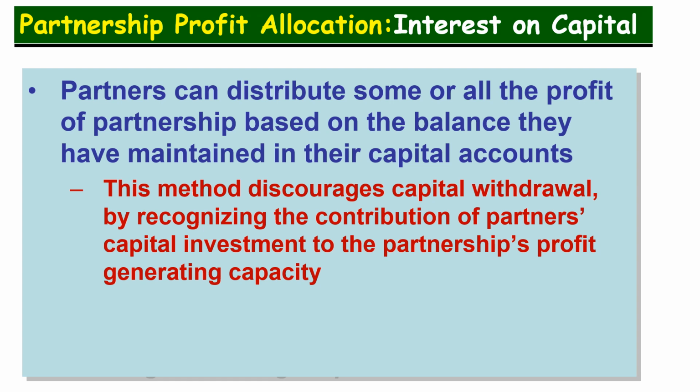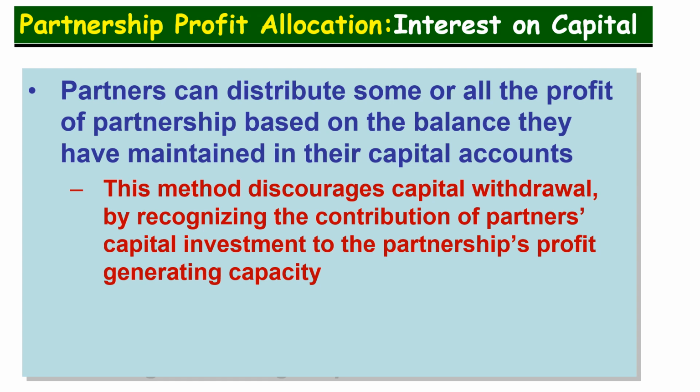So if a partner is going to withdraw capital during the year through the drawings, thereby leaving less capital for the partnership to invest, partners can choose the interest on capital.